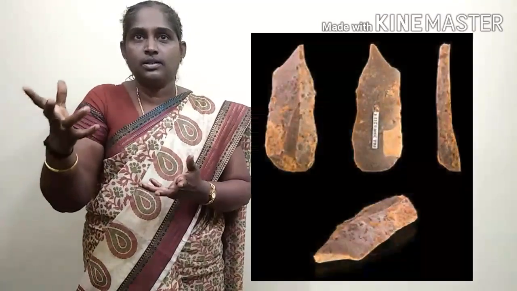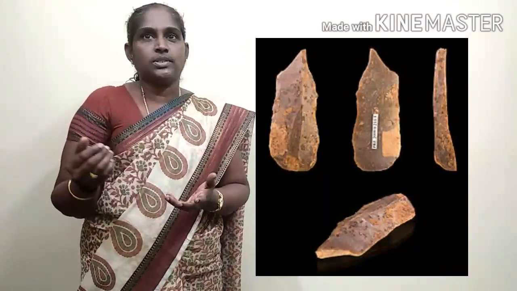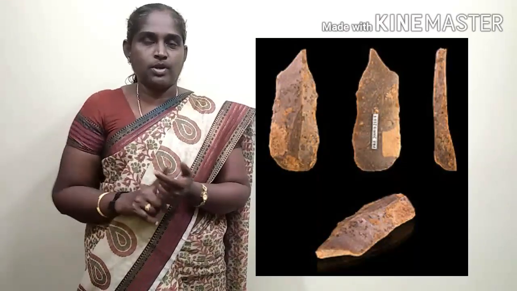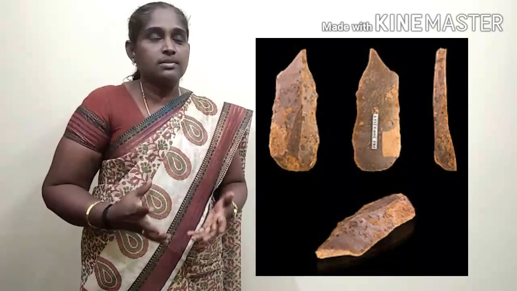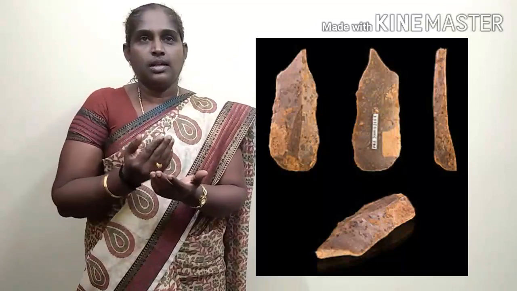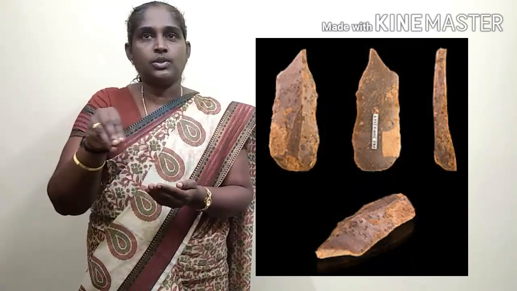With the help of that flake, they produced tools, and they used the tools for cutting, slicing, processing food, etc. Nowadays also we are using knives and other tools for cutting, slicing and other purposes. Like that only, those people made tools with the help of stones, and used them for cutting, slicing and processing, isn't it?